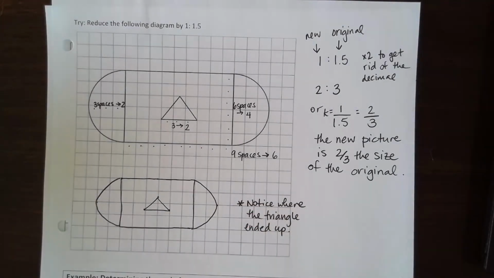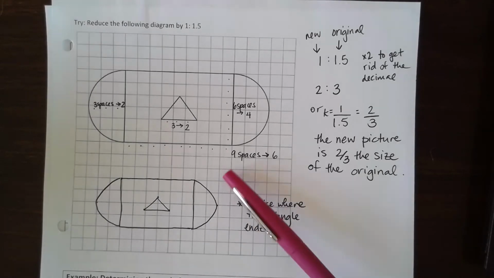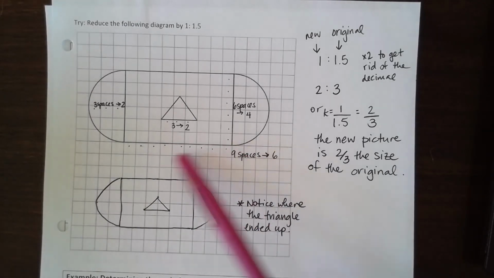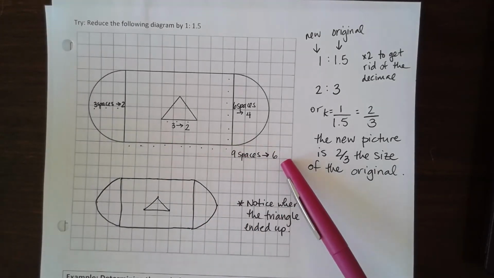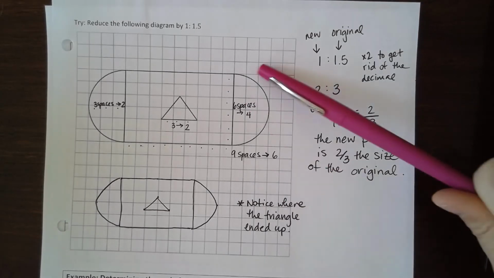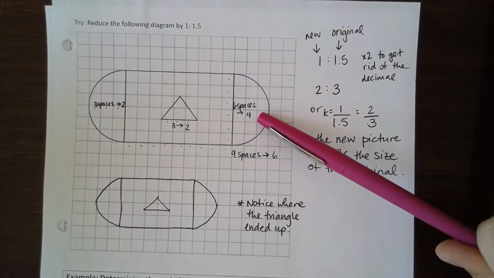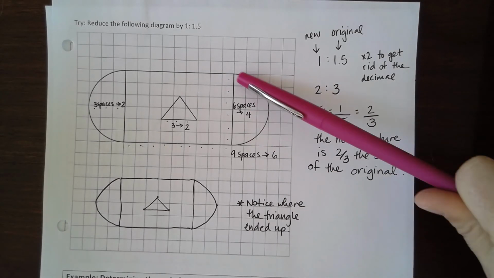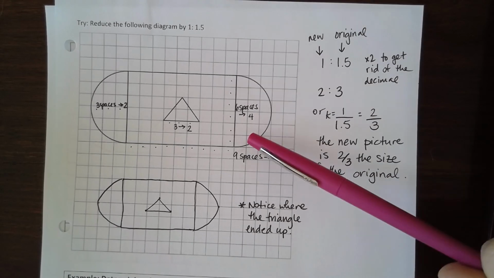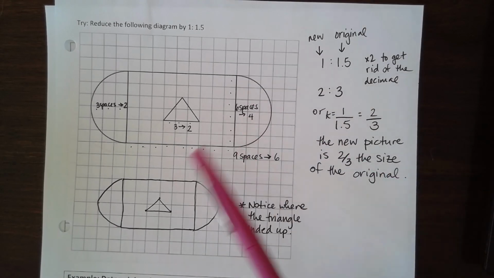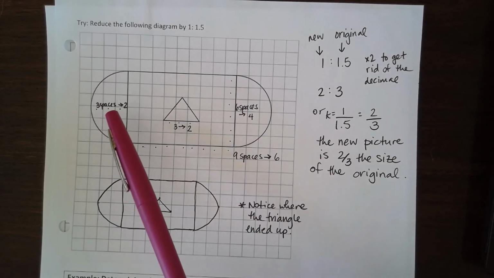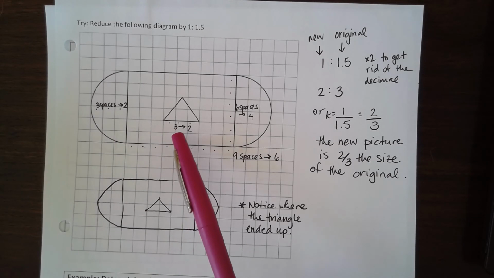And you can see that our 9 spaces, that's the width of this rectangle, gets reduced down to 6 because that's 2/3 of 9. 6 spaces gets reduced down to 4 because that's 2/3 of 6. 3 spaces here, and the base of our triangle gets reduced down to 2.